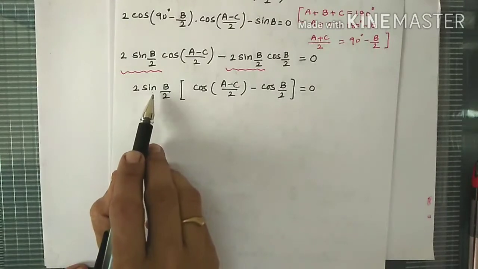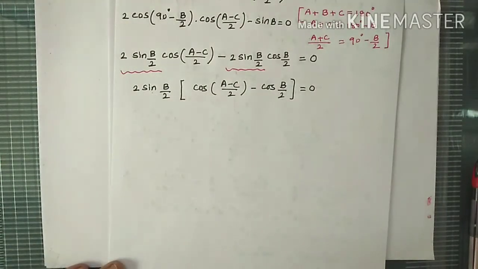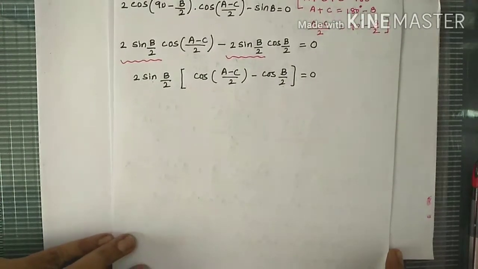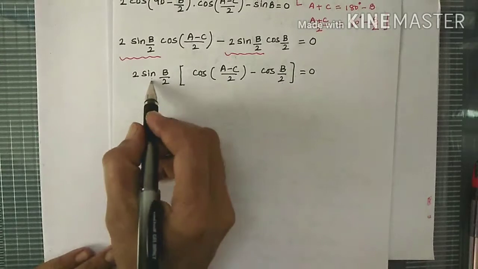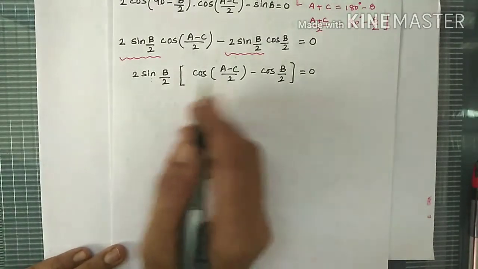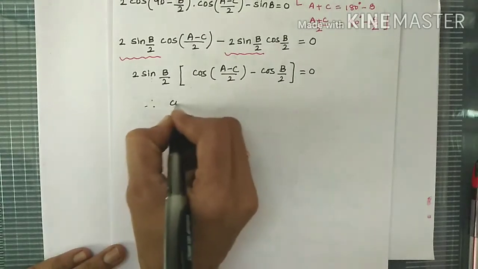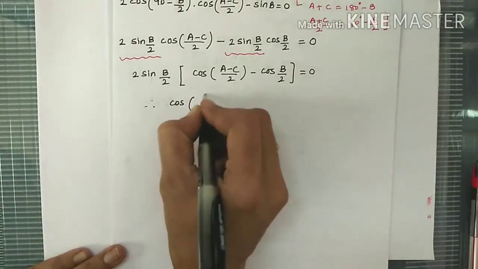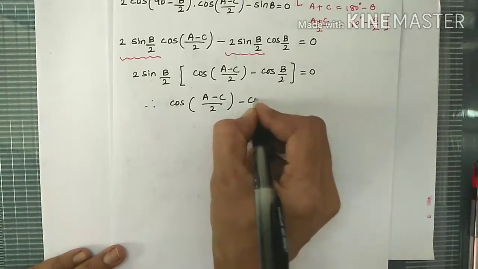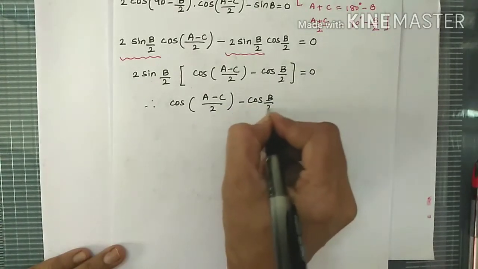Now if this term is 0, then B becomes 0, and that is not possible since it is triangle ABC. So the measure of the angle cannot be 0, so sin of B by 2 can't be 0. So the only possibility is this bracket is 0. Therefore we have the equation cos of (A minus C) upon 2 minus cos of B by 2 equal to 0.